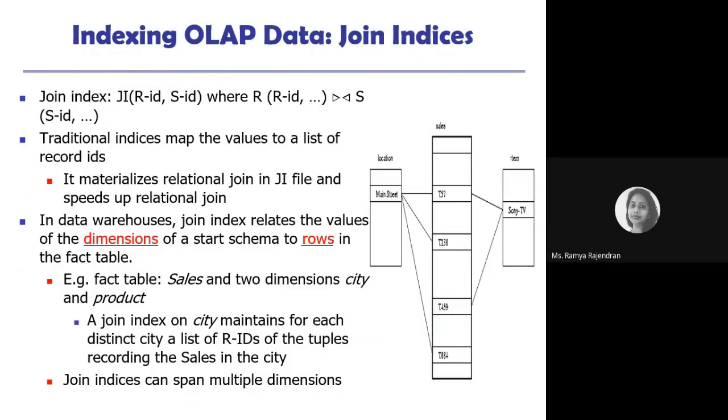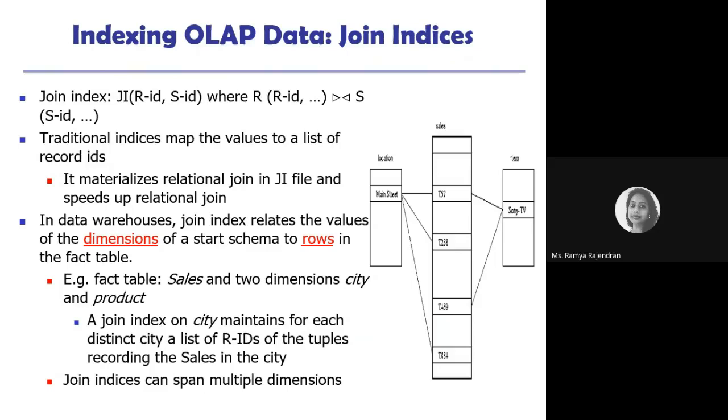For join indices, it's a similar thing. A join index relates the values of dimensions of the star schema to the rows in the fact table. So we have the fact table here. Here we can see the sales in 2 dimensions, city and product.